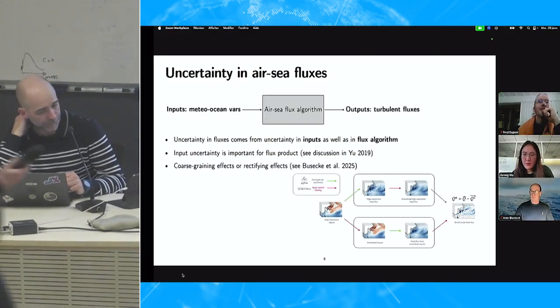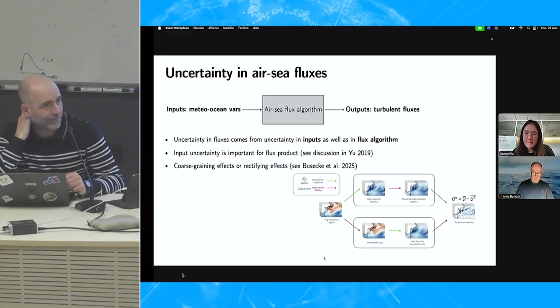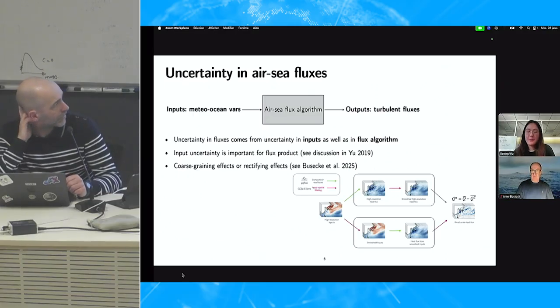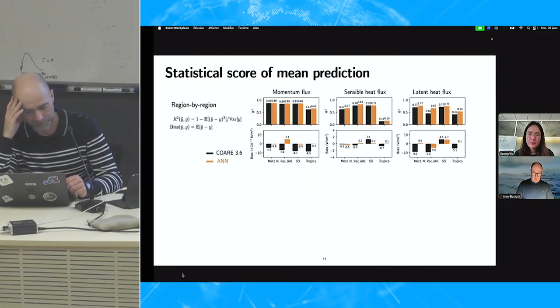Mike. Yeah, thank you. Very, very nice talk. I'm wondering if I could ask a rather naive question, which is about the R squared values that you have for the latent heat flux, and particularly the sensible heat flux in the tropics, for example.